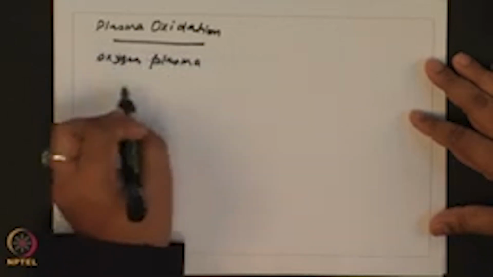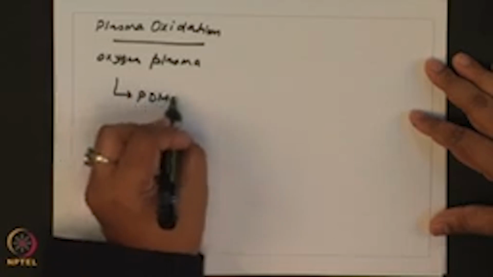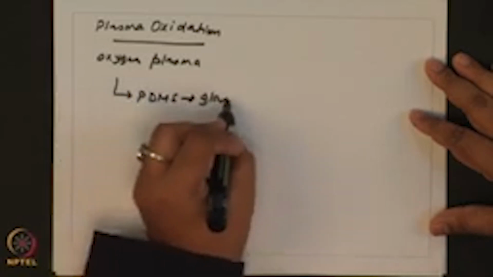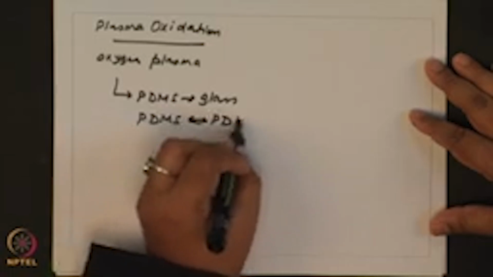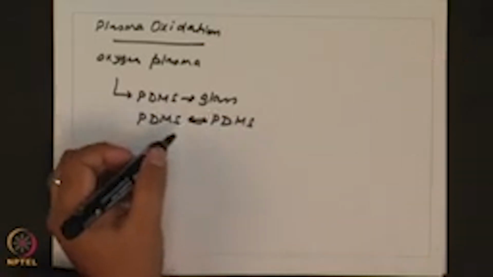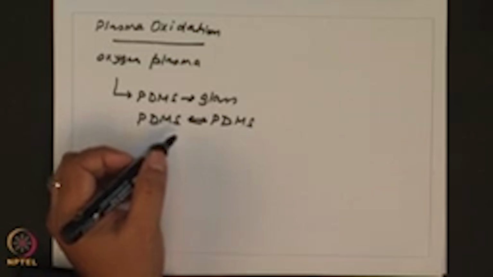Using this you can have PDMS stuck to glass or PDMS sticking to other PDMS. The problem is this process is not reversible, because covalent bonds are made.